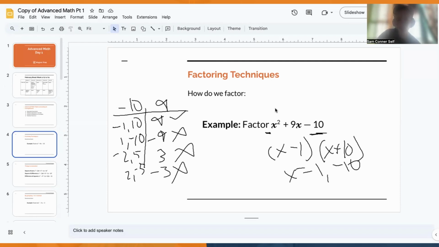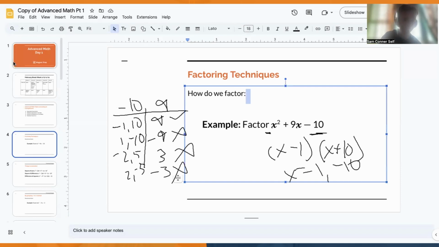And yeah, so again, just an easy way to factor. A different method is the grouping method. So you write this equation out as x squared plus some coefficient of x plus some other coefficient of x minus 10.